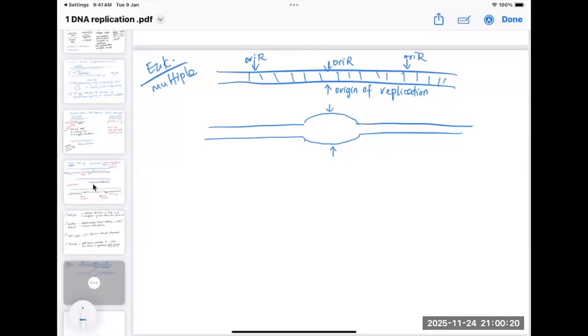Now, it starts from where? It starts from the middle. It does not start from the end. So it's going to start from here and move both sides like that. It's going to open up. This one is going to go this way. This one is going to unwind and open up that way. Like this. This one is called bidirectional.